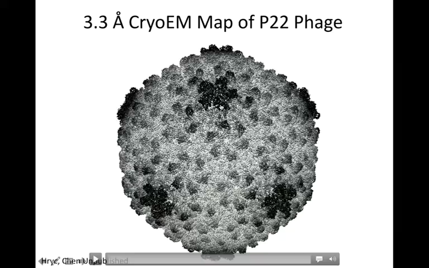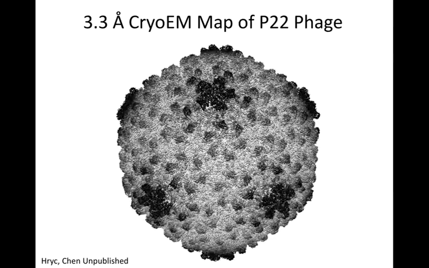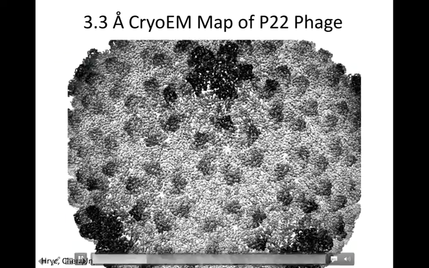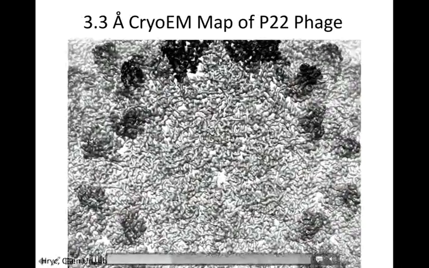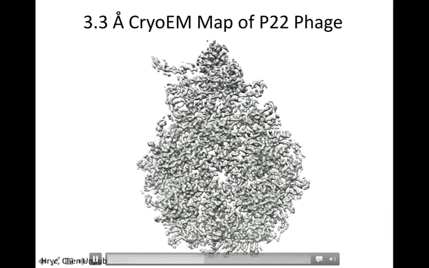All together, 1 asymmetric unit we define as 1 hexameric capsomere and 1 subunit of this pentameric capsomere. So this particular movie is going to zoom in on 1 of these asymmetric units with 1 copy of the hexamer and 1 subunit of the pentamer.